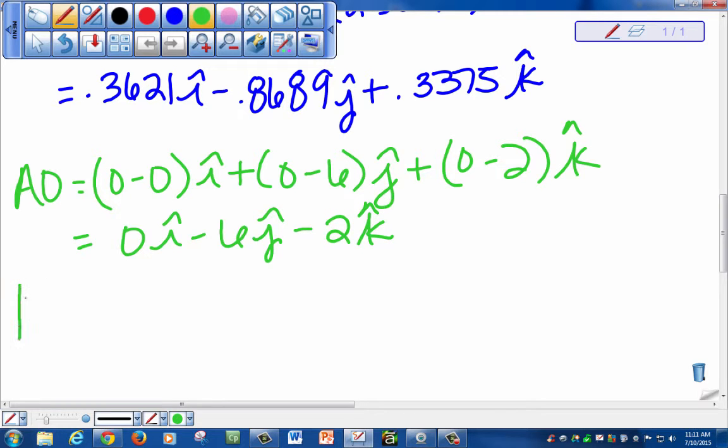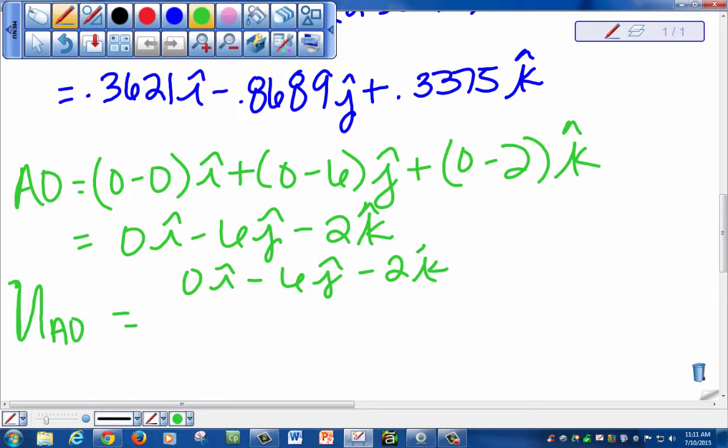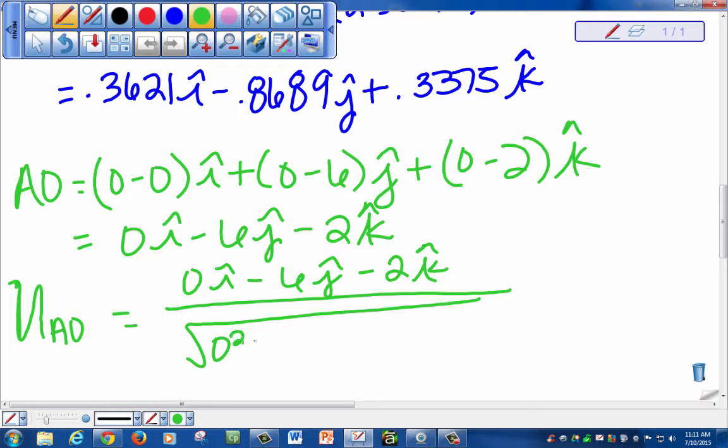Now from here, when we're trying to find the unit vector AO, we're going to get our Cartesian vector divided by the magnitude of all of our components squared. And you don't have to really worry about putting the negative 6 and negative 2.